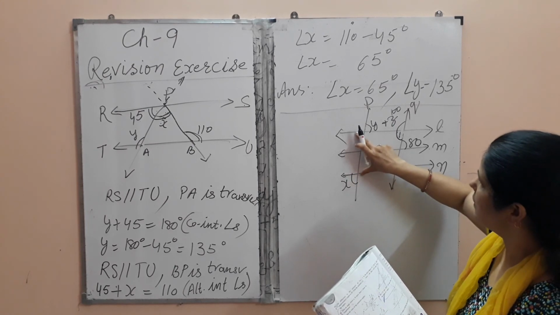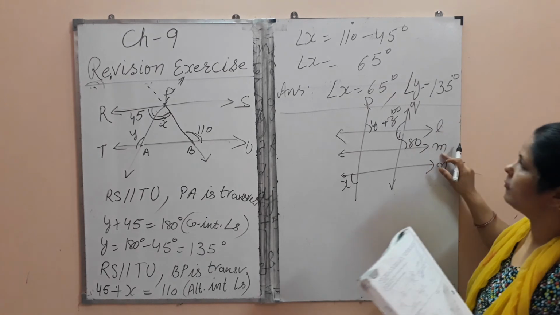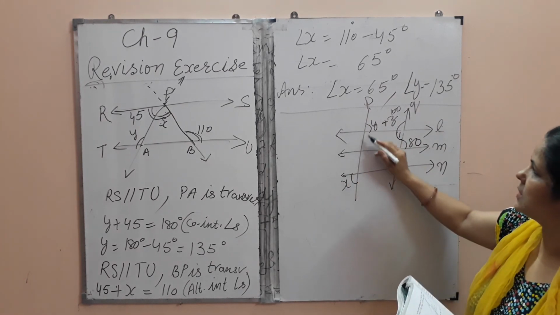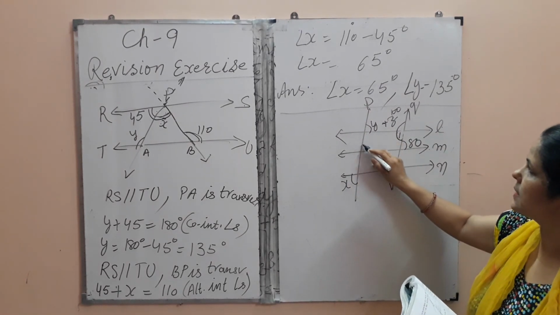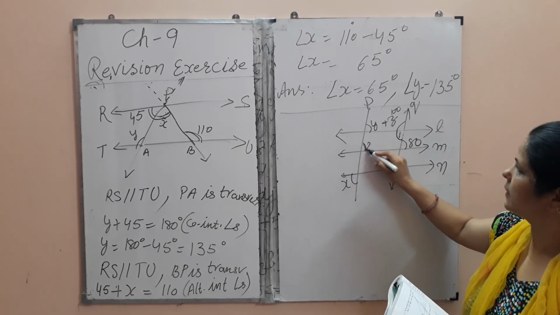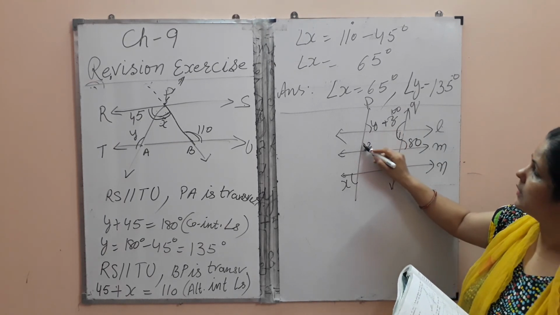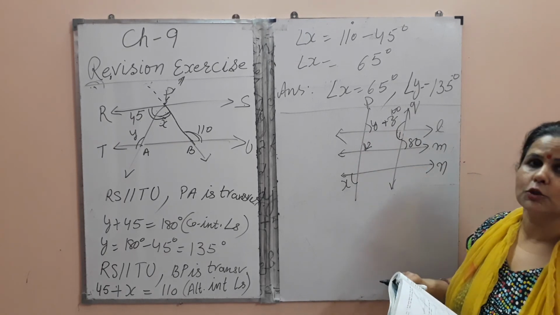We will take parallel, this line and this line and this line. L and M we will take parallel. P is the transversal. So this is exterior and this is interior. This angle we will find out. Angle 2 we will take it. Angle 2 is equal to Y. They are corresponding angles.